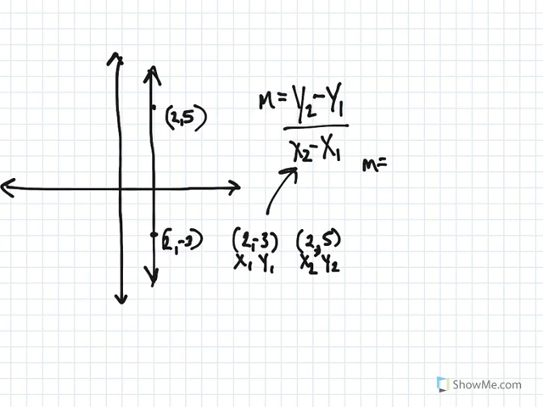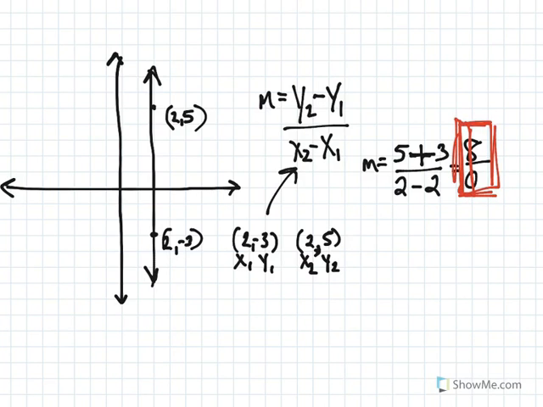Slope equals y2 is 5 minus y1 is negative 3, so it's going to be a plus, over x2, which is 2 minus 2, and we're going to get 8 over 0. So before, we can divide 0 by a number, and we'll get 0. But you can't divide a number by 0, so it's undefined. You can never divide a number by 0, okay?